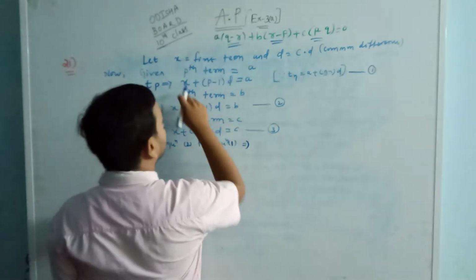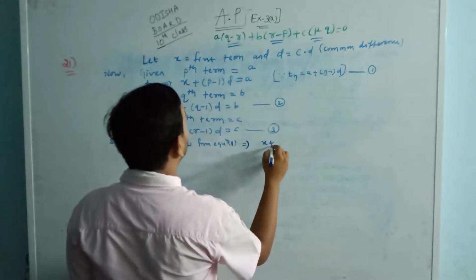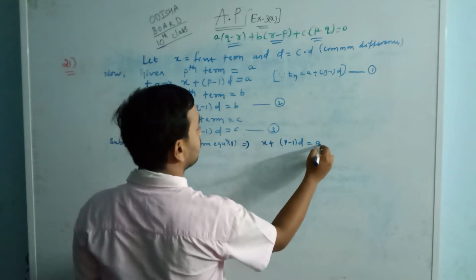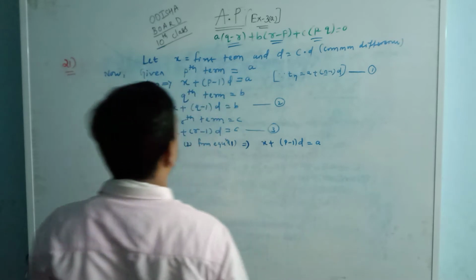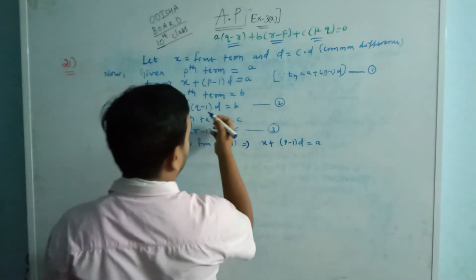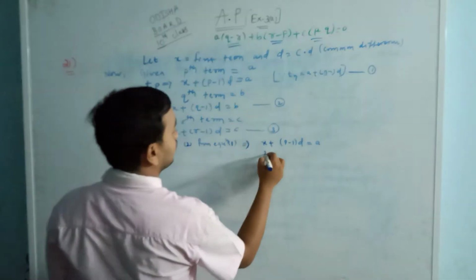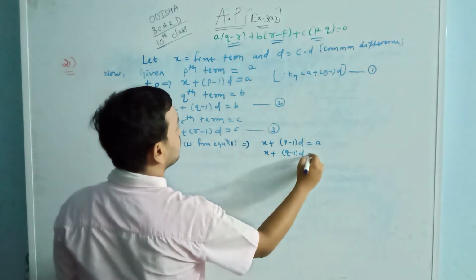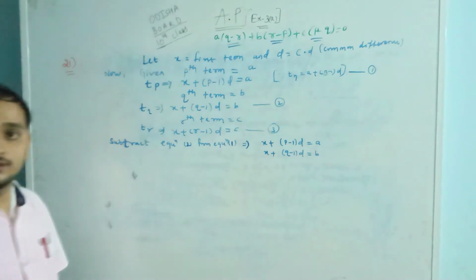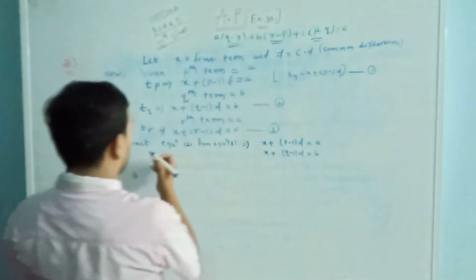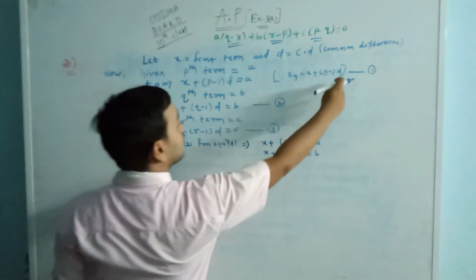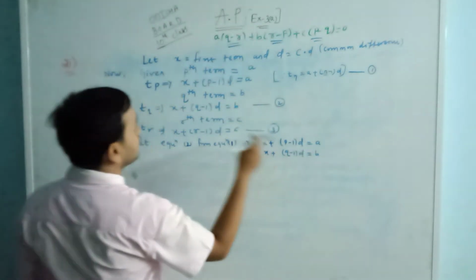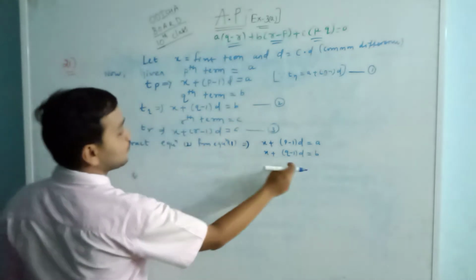What is equation 1? x plus (p minus 1) into d is equal to a, and equation 2 is x plus (q minus 1) into d is equal to b. All of you got it? Subtract equation 2 from equation 1: x plus (p minus 1) into d minus x plus (q minus 1) into d.